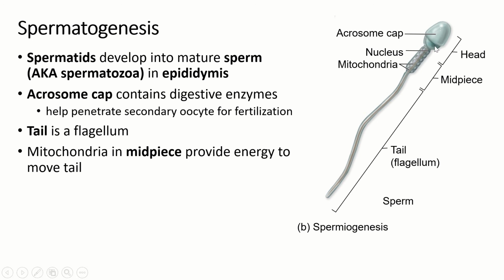Then the nucleus makes up the rest of the head. This is surrounded by plasma membrane. There's a little bit of other cytoplasmic stuff in here, but most of it's gone. Then we have a midpiece that is jam-packed with mitochondria. Those mitochondria are going to produce the ATP to power this tail so that the sperm can swim.